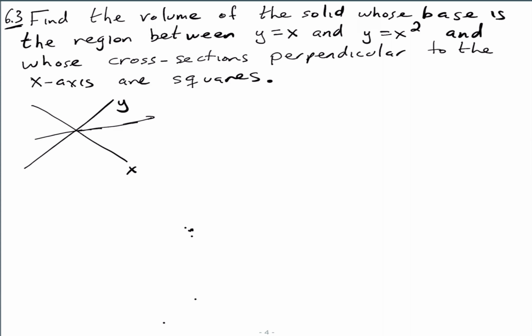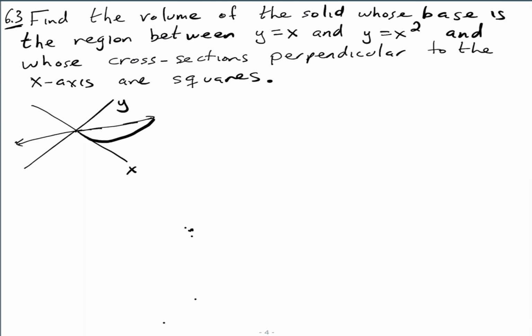Let me try to exaggerate the bump a little bit here, just so that we have a little bit more to work with. Oh, y equals x squared. Sorry. Yeah, you're right. I was thinking that it was the same as the previous problem. But yeah, you're right. So it's y equals x squared. So that's the region here.